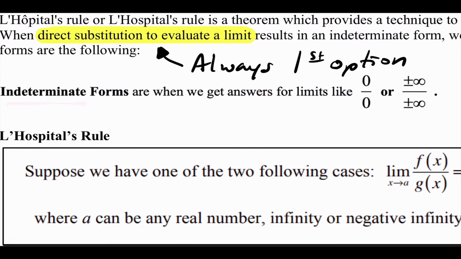Why would 0 over 0 be considered an indeterminate form? Aren't there rules for 0 on top and 0 on bottom of a fraction? What are the rules for having 0 in a fraction? If we get a 0 on top, that means we get 0 as an answer. That's one rule.